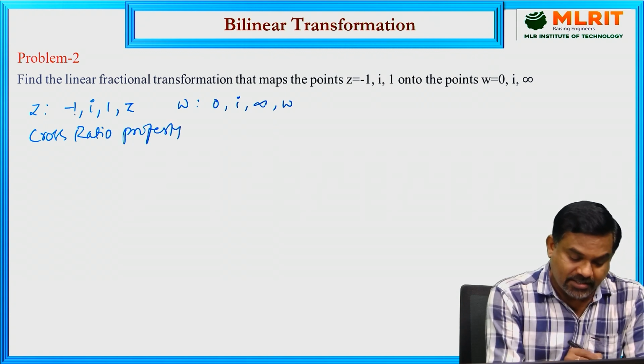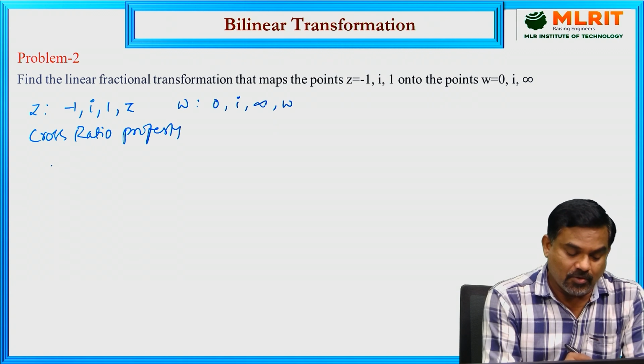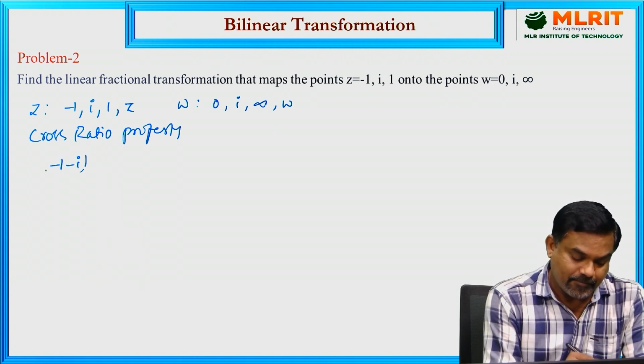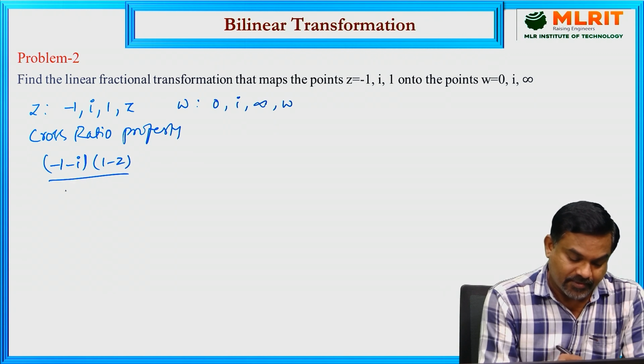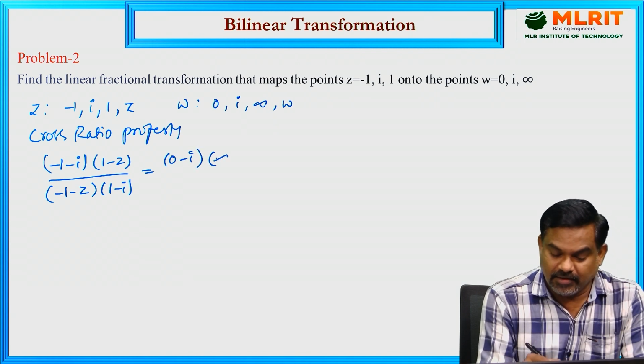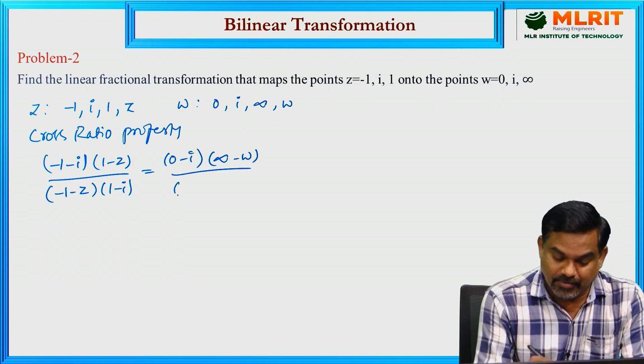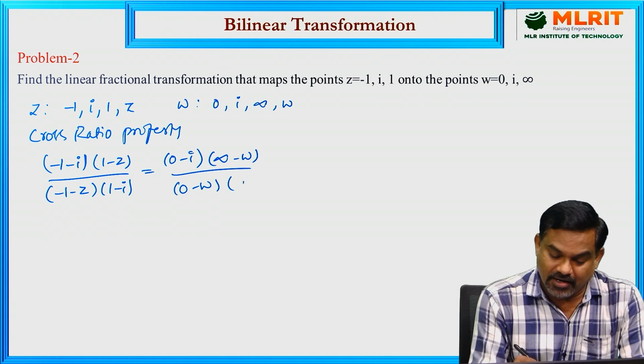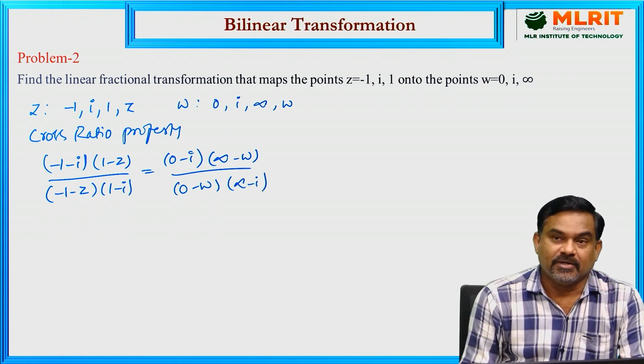So using that, here there are 4 points. So first minus second, third minus fourth: (−1 − z)(1 − i) over (0 − i)(∞ − w) over (0 − w)(∞ − i).